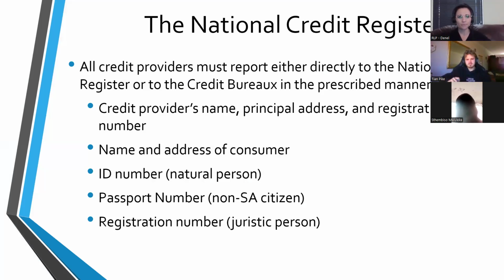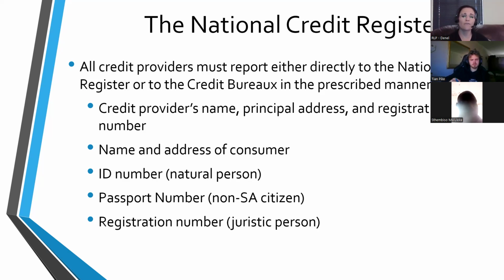Okay, so what information will they need on this register? All credit providers will report either directly to the National Credit Register or to the credit bureau, but they want the following information. They will ask who the credit provider is: the name, the principal address, and the registration number of the credit provider.